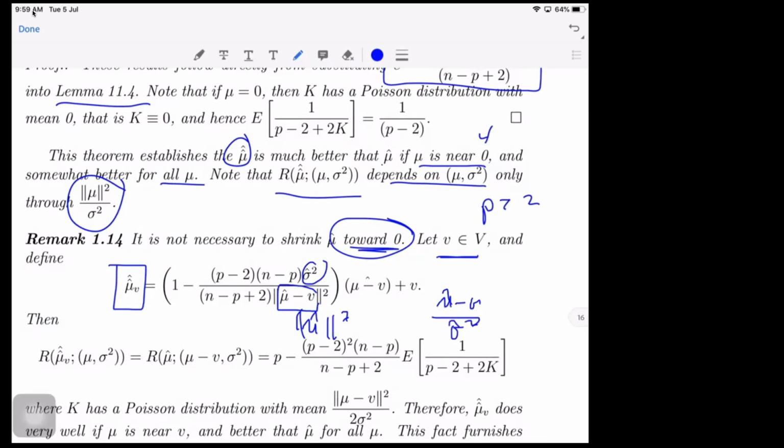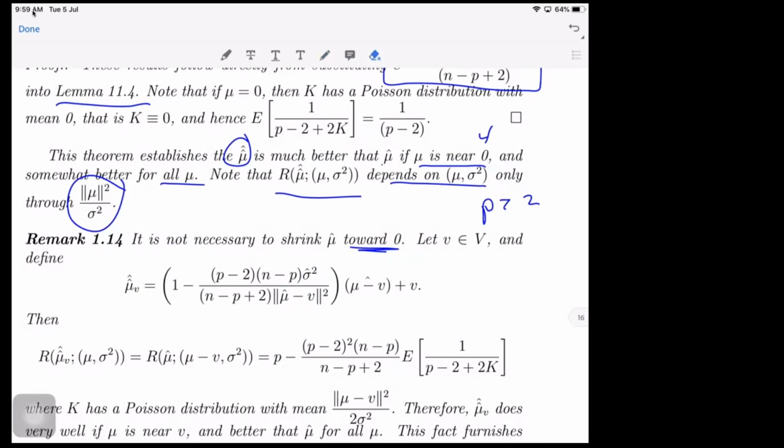So it's just doing standardization. So James-Stein is comparable when we shrink towards zero. But if we have a different value for our mean, shrinking towards V, then James-Stein will be better off than our usual Y bar.